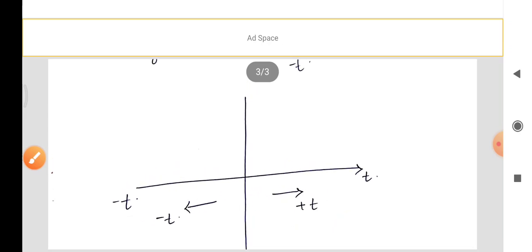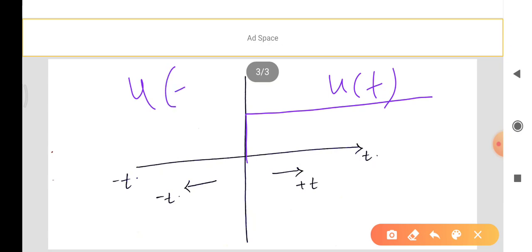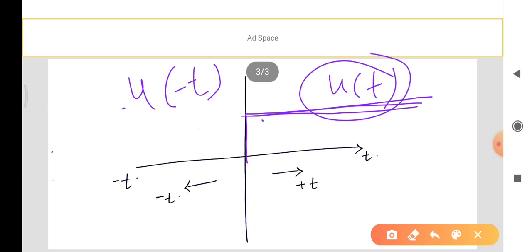Now u of t always moves in this positive direction. When they ask us to calculate minus t, then this signal should be a mirror image of u of t. I hope you have got this.